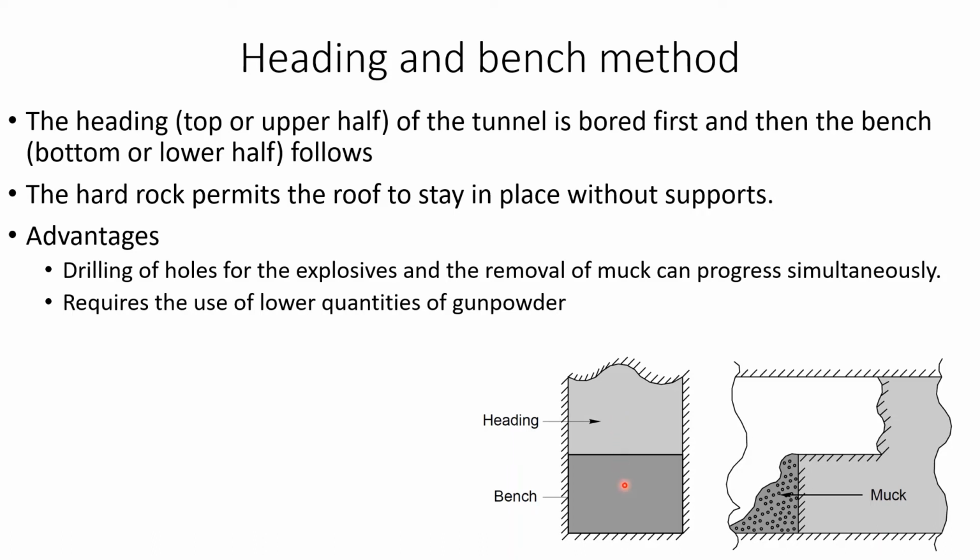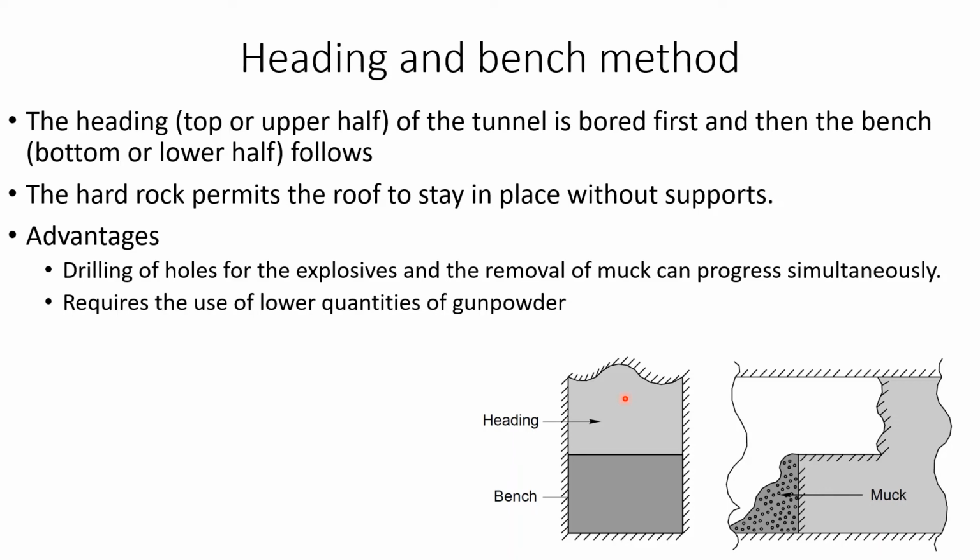The heading portion usually lies 3.7 to 4.6 meters above the bench, and first the heading portion is blasted and the muck gets collected in front of the bench portion, and later it can be removed. That is the process of the head and bench method.